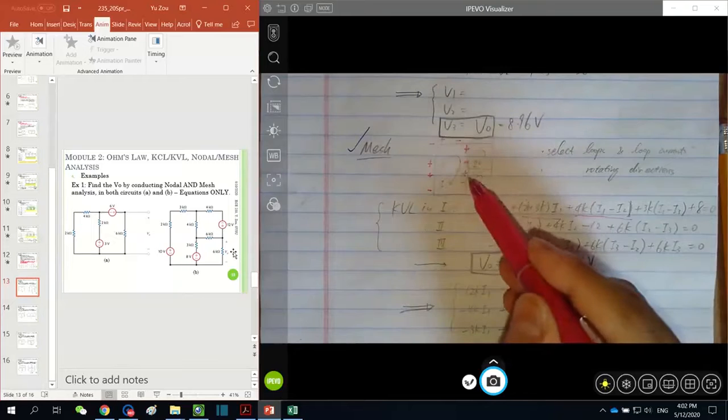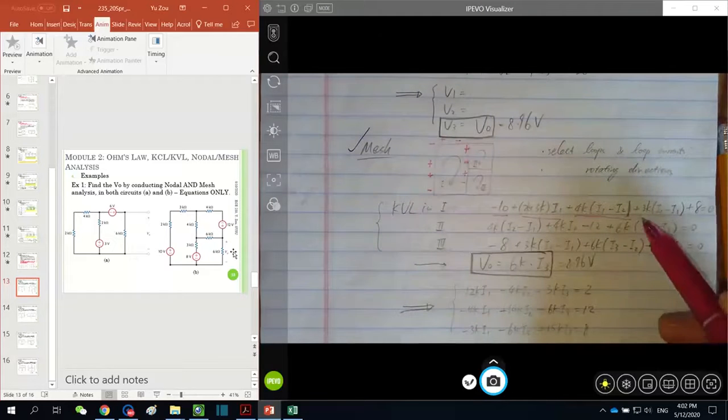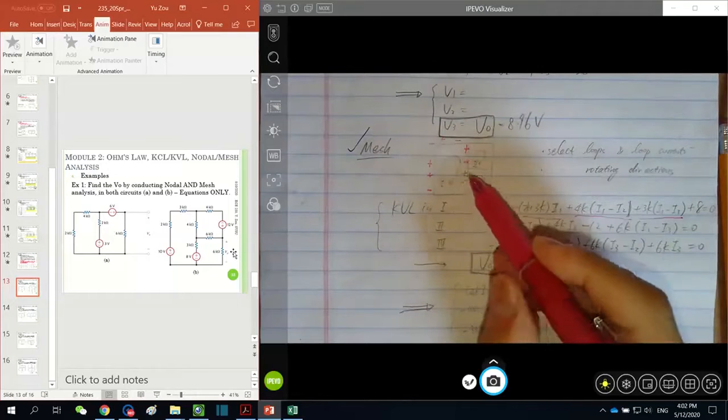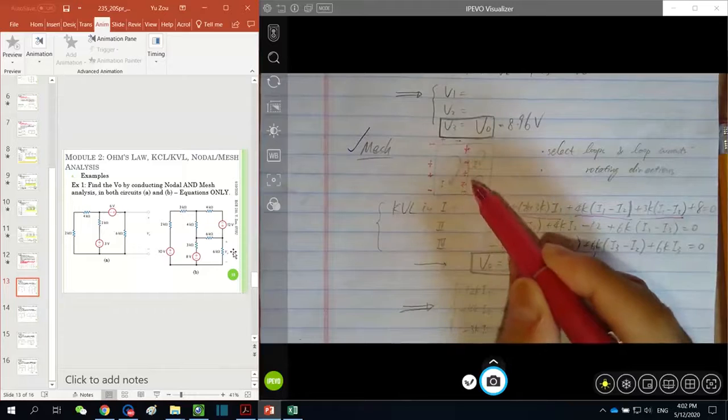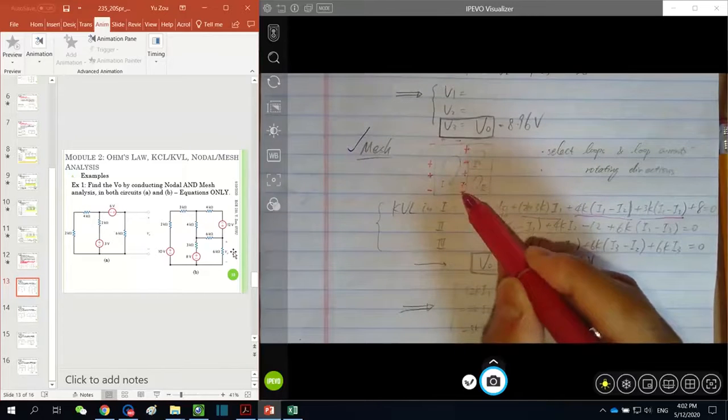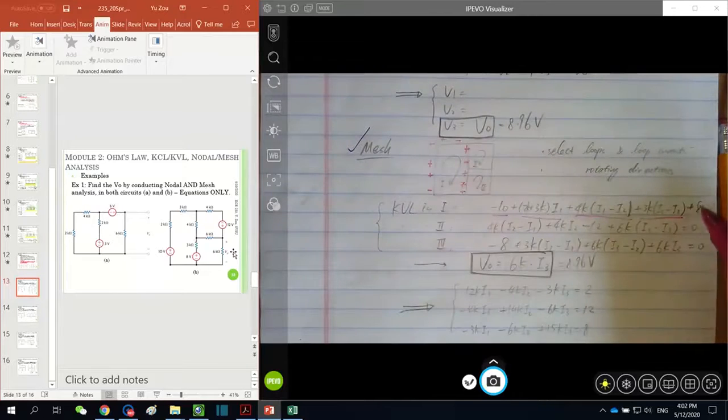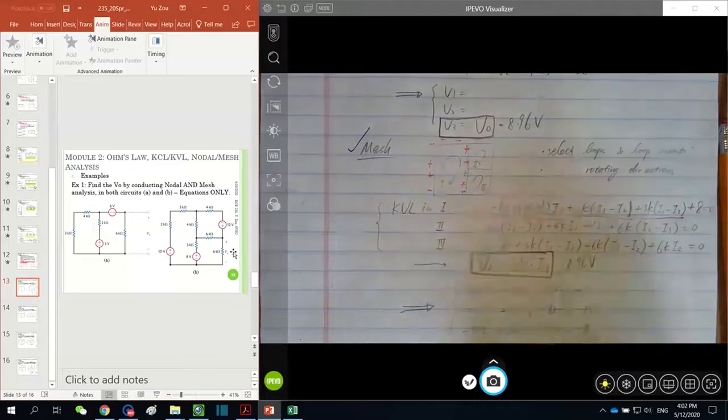So 3K times (I1 minus I3). The last one is the 8 volt voltage source with this polarity, positive first, negative follows. So positive 8, and eventually it equals 0. This is KVL in loop 1.